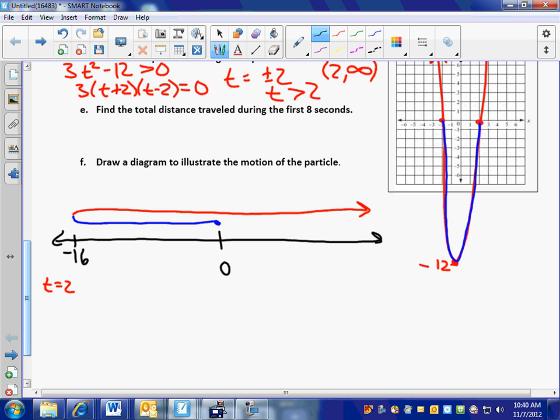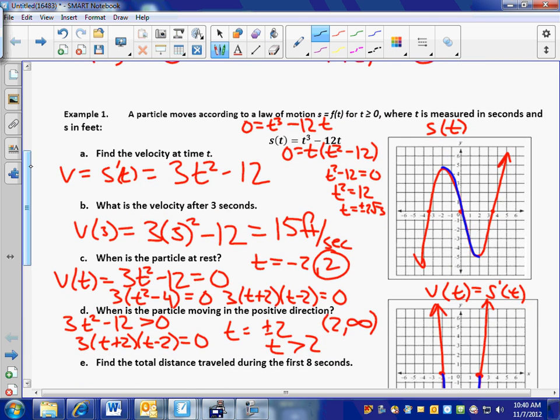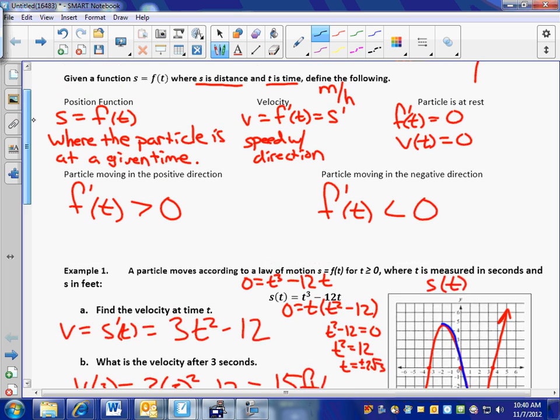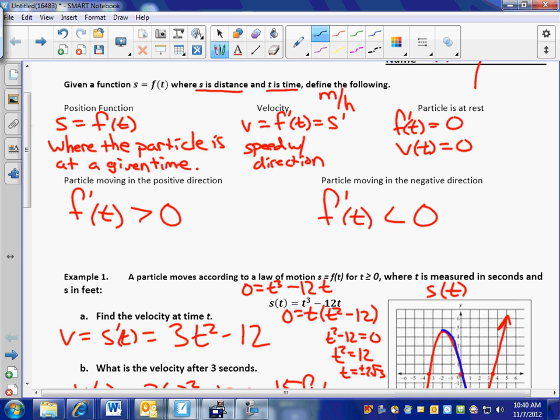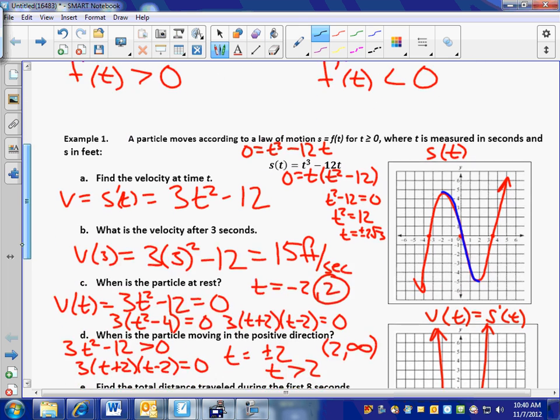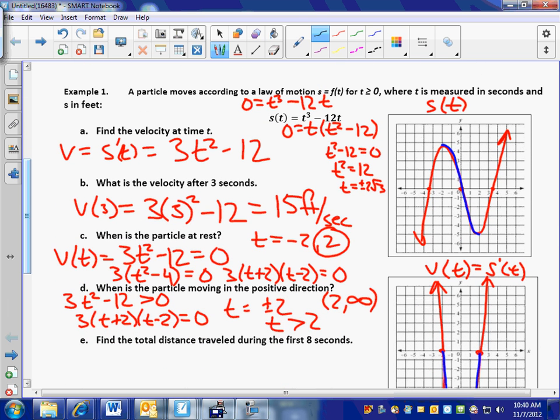Let's figure out where the particle is after 8 seconds. If I want to figure out where it is after 8 seconds, do I use my position function or my velocity function? Position function. So let's figure out where it is at 8 seconds. 8 to the third, 512.